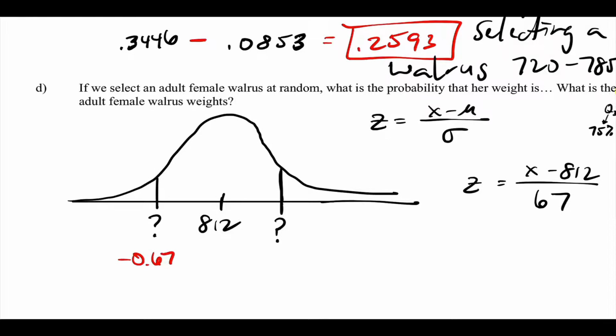That's our z-score for this guy here. What's our z-score for this guy? What would I look up here to find the next one? Which decimal would I look for to come up with this one? 75%. Go find it.